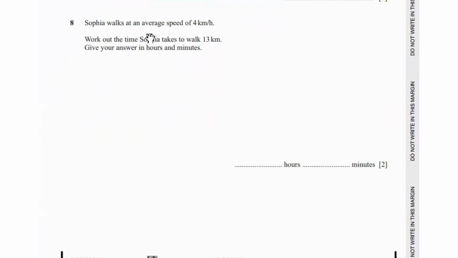Then it says Sophia walks at an average speed of 4 kilometers per hour. Work out the time Sophia takes to walk 13 kilometers. So 4 kilometers are covered in 1 hour. That's what 4 kilometers per hour means, that you're covering 4 kilometers in 1 hour. We need to figure out how much time she takes to cover 13 kilometers.